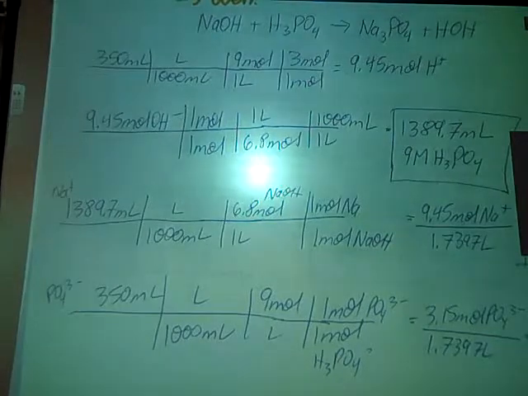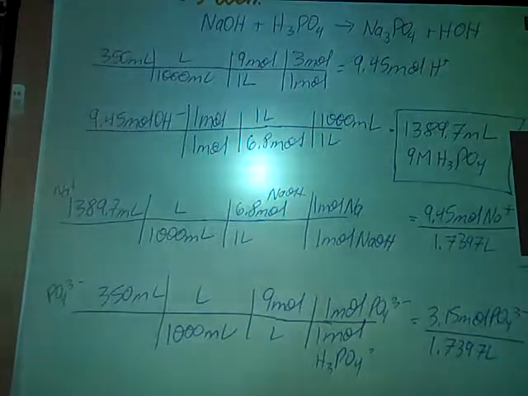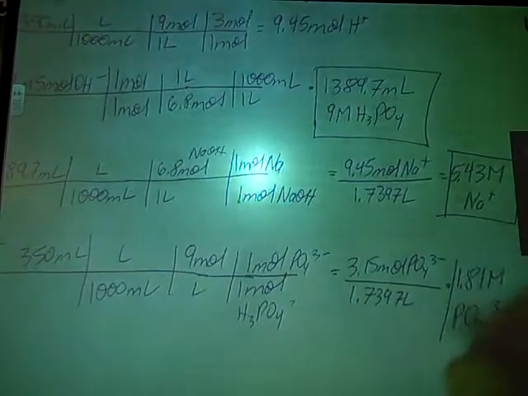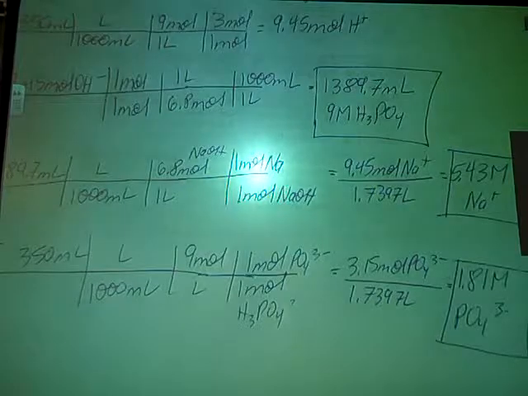Gives me a 1.81 molar solution of that phosphate. So that's just an additional thing that can be thrown in on these types of problems. I am out of time, so I will see you later.